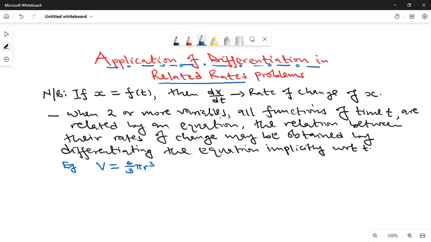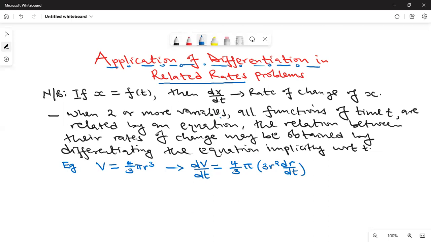If I want to differentiate this with respect to t on both sides, we will have dV/dt is equal to 4/3 pi times the derivative of r cubed, which is 3r squared times dr/dt.